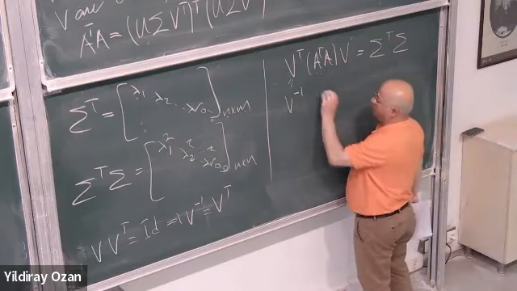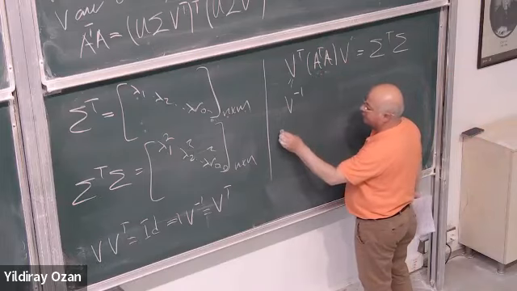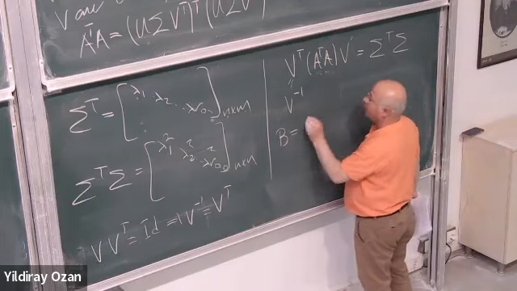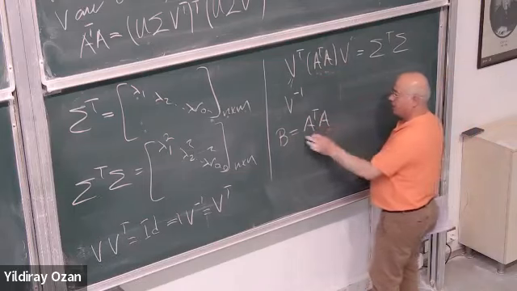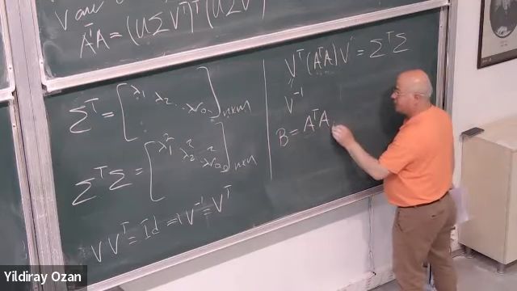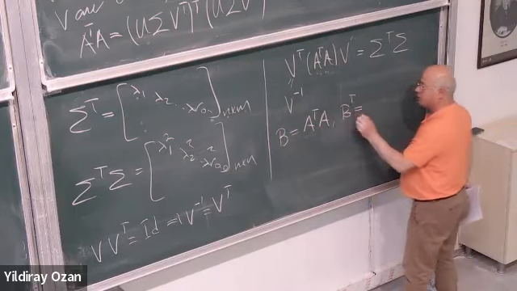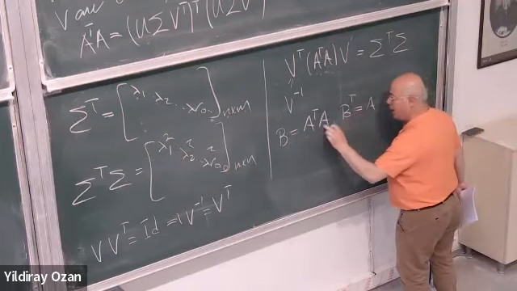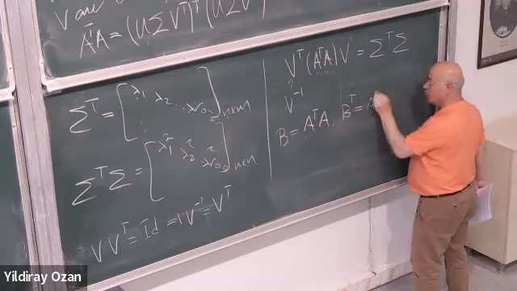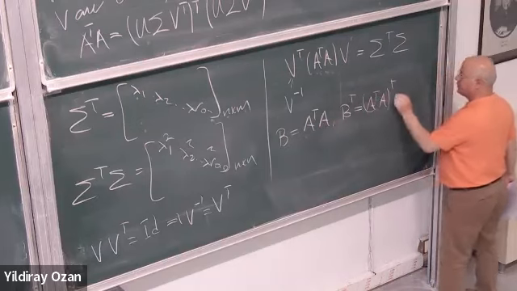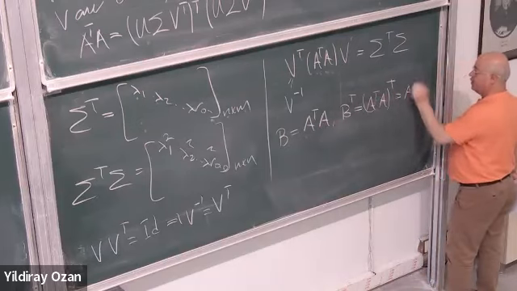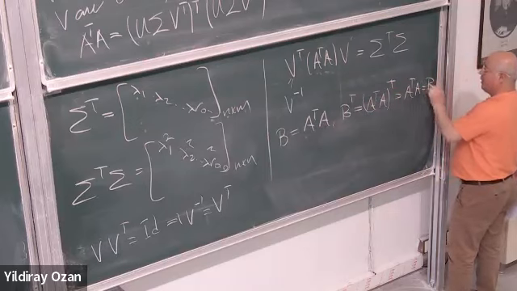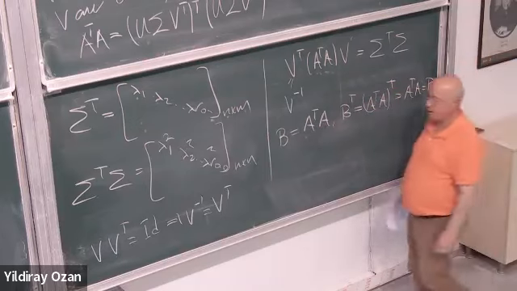Actually, if you look at this, let me just call it P. A transpose A. This is a symmetric matrix, right? What is the transpose of this? It is just A transpose A. So it is self-adjoint, symmetric.